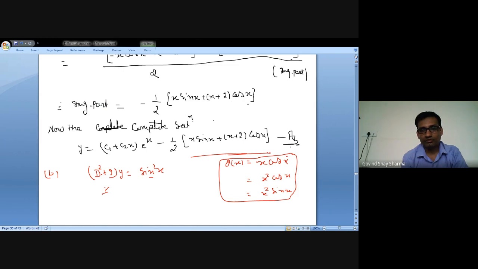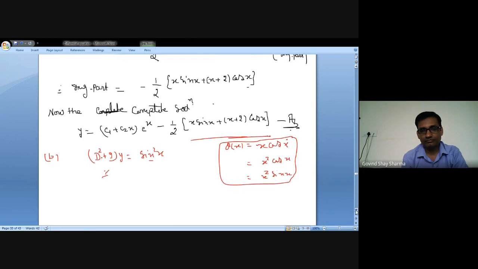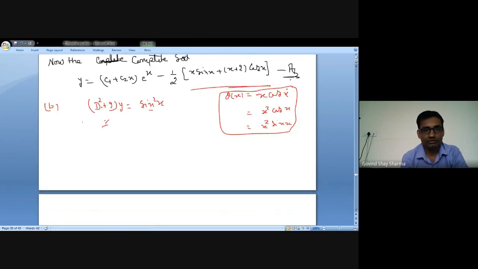So here in the second example, we see D is equal to plus minus 3i. So we can say the auxiliary equation m square plus 9 is equal to 0, m is equal to plus minus 3i.